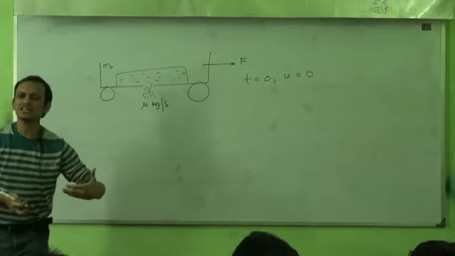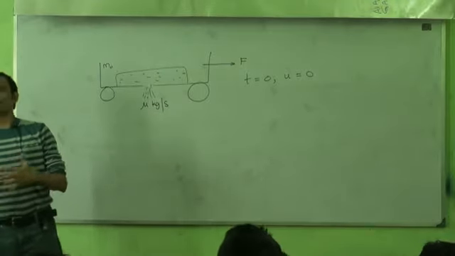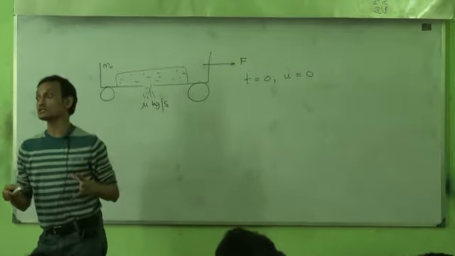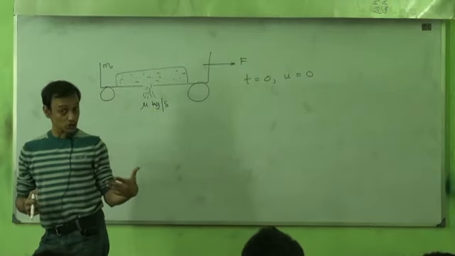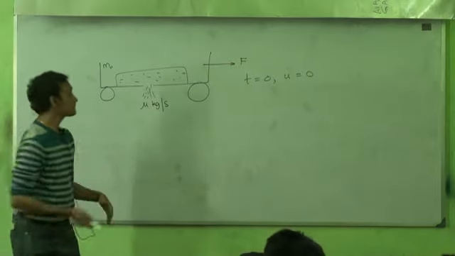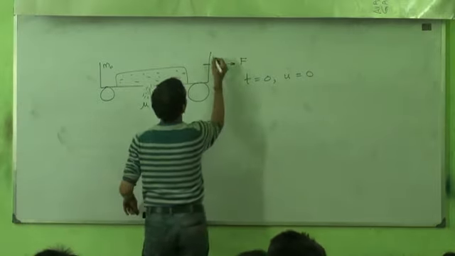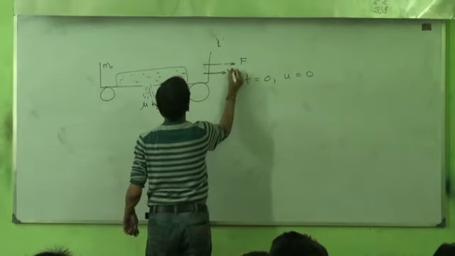Now, t seconds later, the trolley and its existing contents would have developed a certain velocity. Let's say at an instant of time t, the trolley and its contents develop a velocity v.